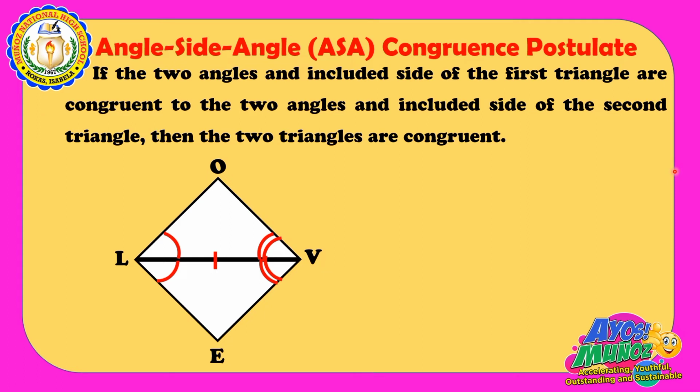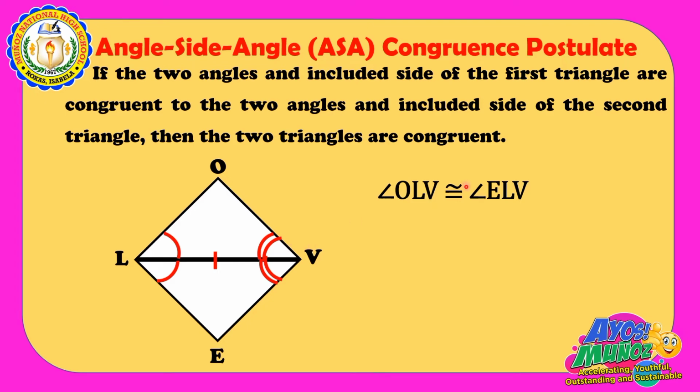So we have angle OLB for the first triangle, congruent to angle ELB, or angle BLO congruent to angle BLE. That is the first congruent angle.